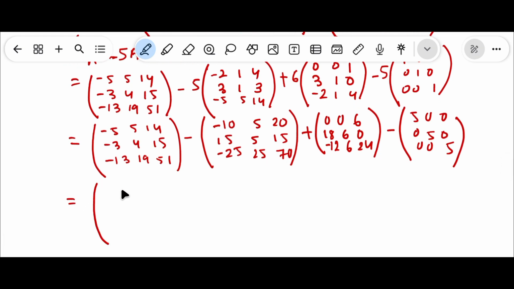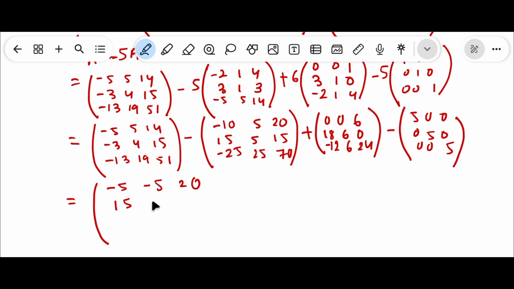Now let me add this one with this one. So we have minus 5 minus 5, 14 plus 6, that is 20. Then we have minus 3 and 18, that is 15.